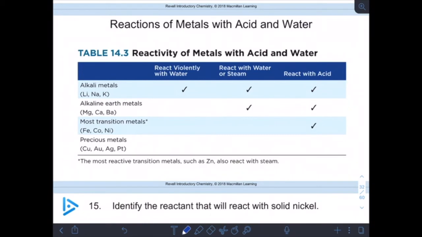Now the earth metals, magnesium, calcium, barium, that second column, the alkaline earth metals, they don't react so much with liquid water, but they do react badly with steam and with acid. Most of the transition metals will react with acid. And then our precious metals, like I was just talking about, those noble metals, don't really react with much at all.